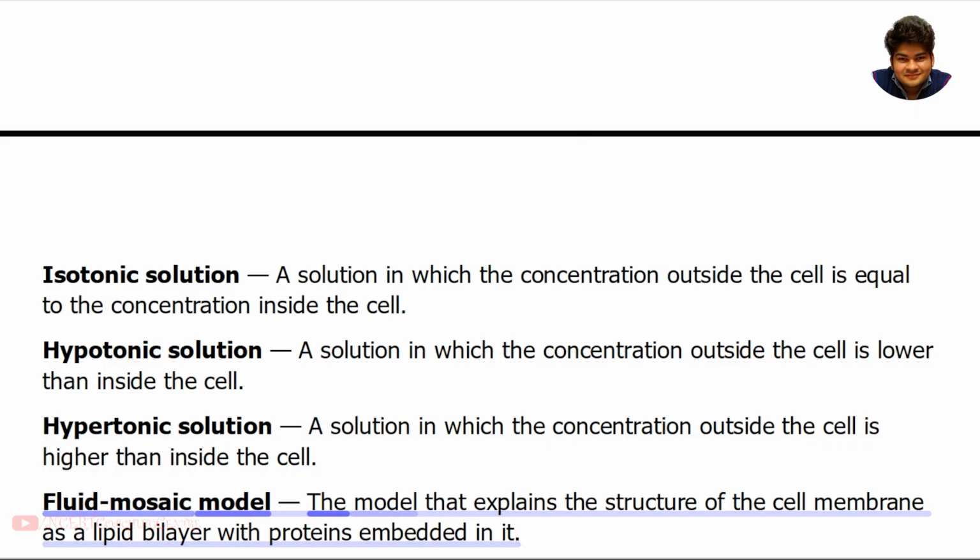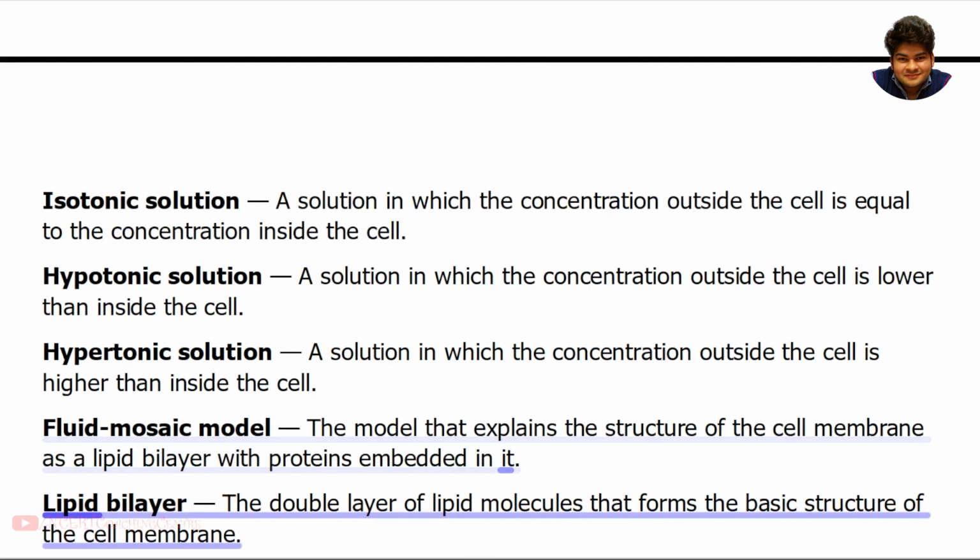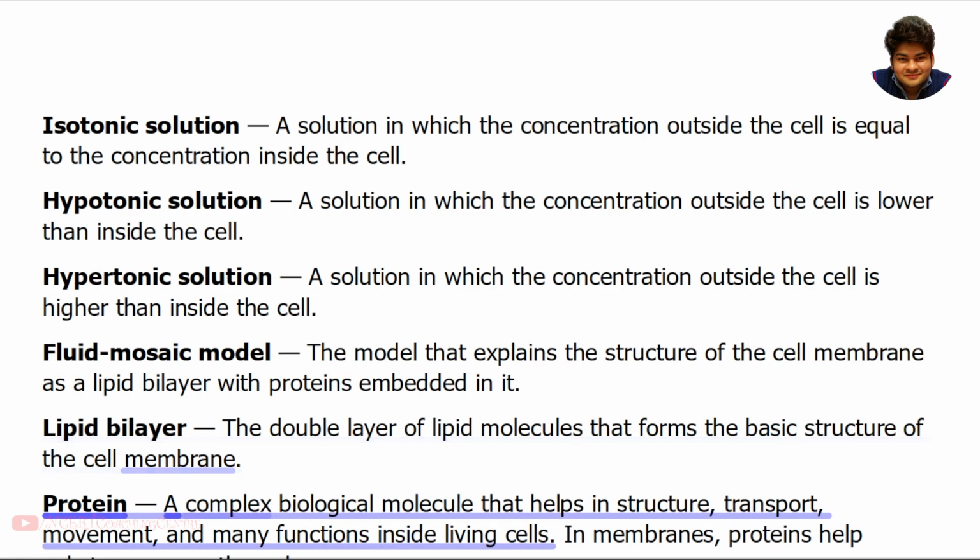Fluid mosaic model, the model that explains the structure of the cell membrane as a lipid bilayer with proteins embedded in it. Lipid bilayer, the double layer of lipid molecules that forms the basic structure of the cell membrane. Protein, a complex biological molecule that helps in structure, transport, movement, and many functions inside living cells.